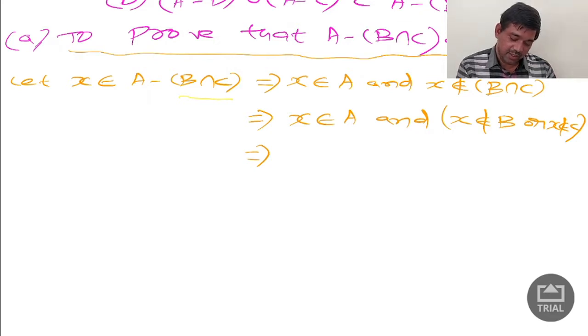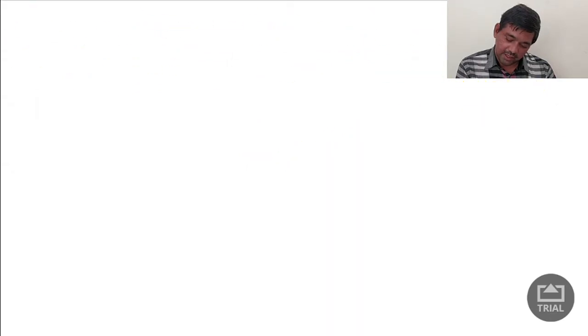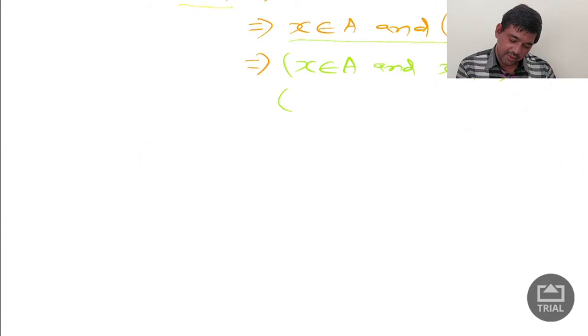So what I am going to write now, please see how I am writing: x belongs to a and x does not belong to b. Okay, is it clear? Now this or is there, no? I am writing that or. Again, this x does not belong to c is there, no?